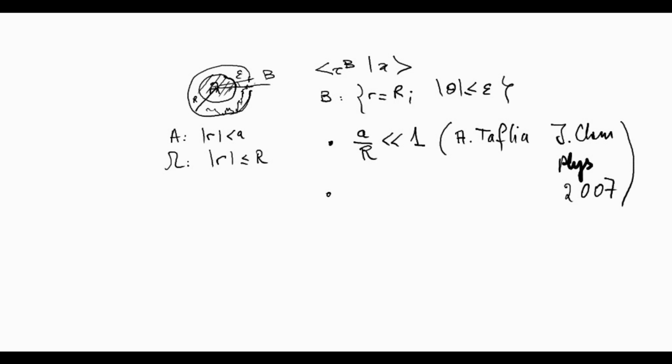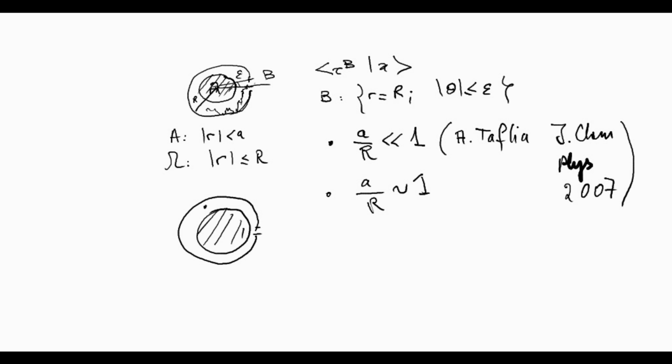Now, the case where a divided by R is of the order 1, of course it's less than 1, that is, suppose this is a very narrow region and we're interested in the mean first passage time for the trajectories that can be reflected here but never hit A, and they have to escape in B. I will leave these two questions unresolved here.